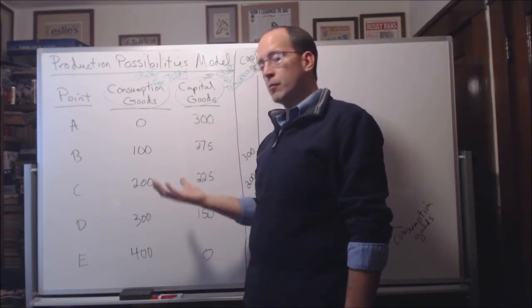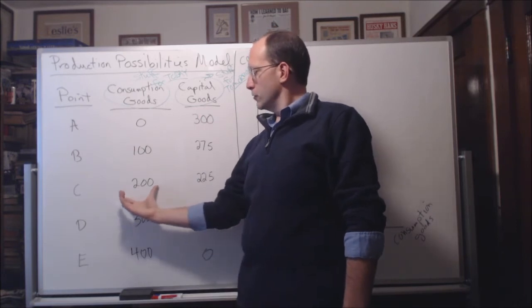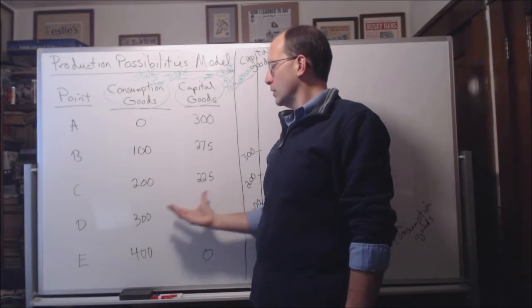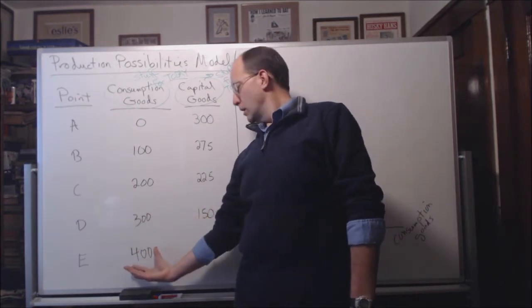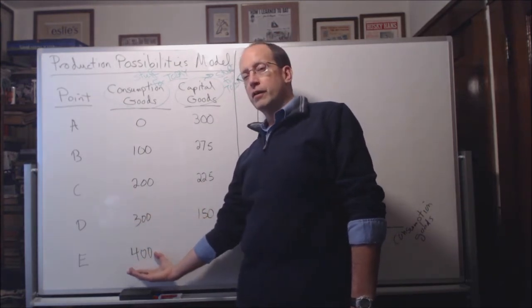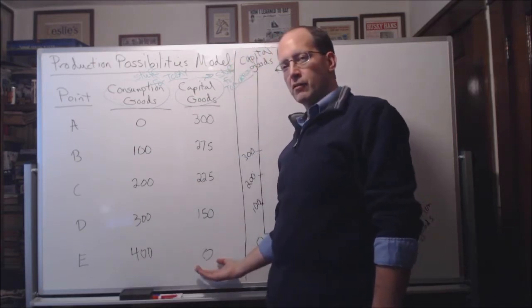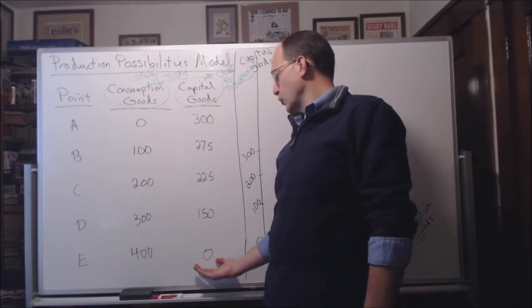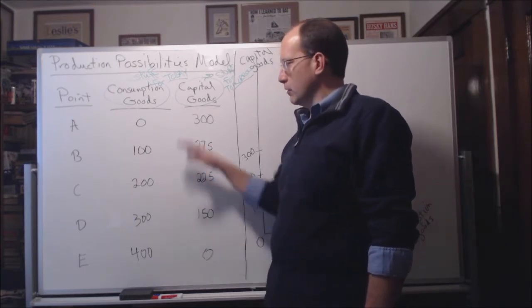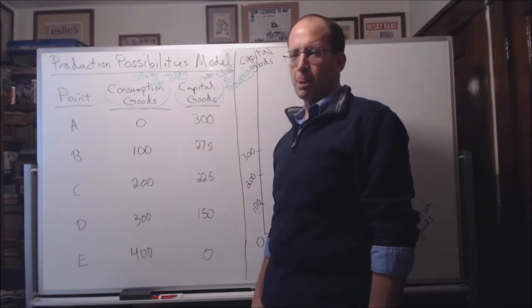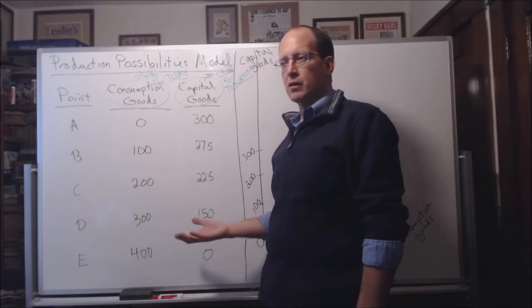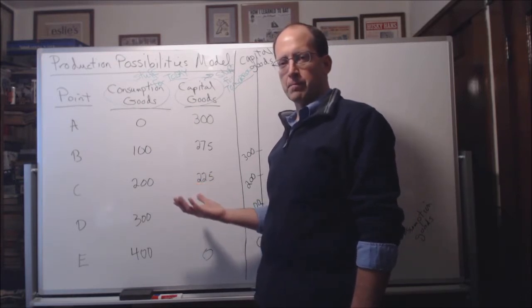Or we could, these are all possibilities, put enough resources into making 200 consumption goods but only get 225 capital, all the way down to point E, where if we put everything into having fun stuff for today, talk about a party, and who cares about those kids and grandkids for the future? Who needs them? That's a joke. The story is we wouldn't have any capital goods. So these are all production possibilities. What you need to be able to do with a model like this is just use these numbers and interpret them, not derive them. Okay?